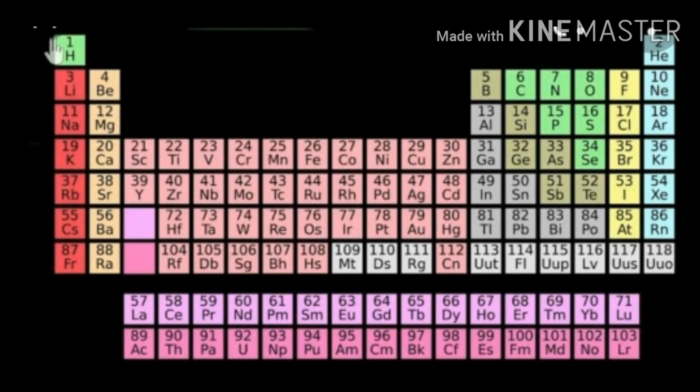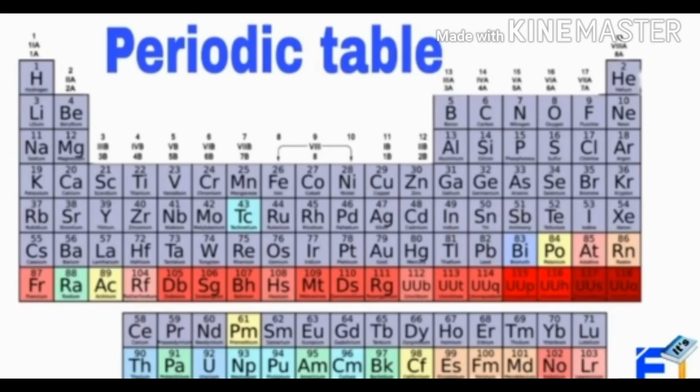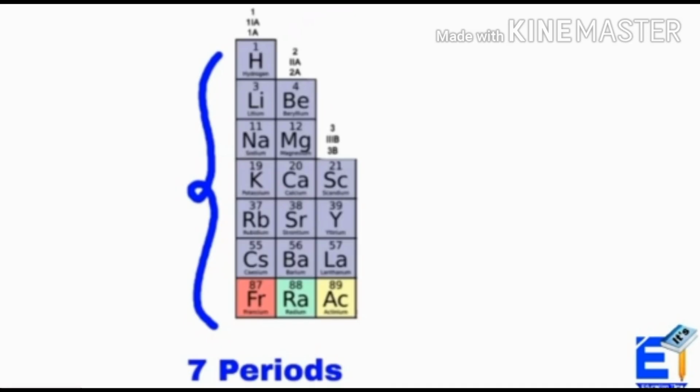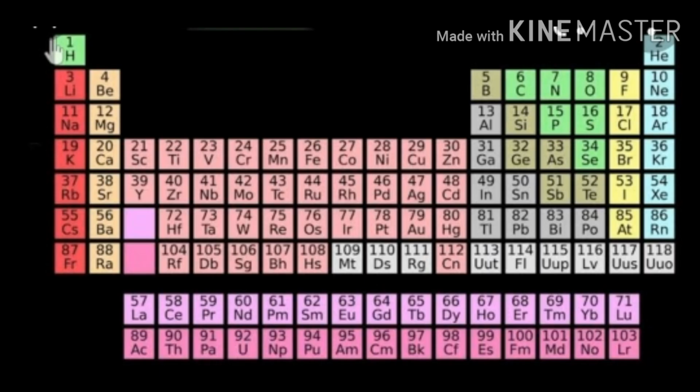Count how many vertical columns and horizontal rows are present in this periodic table. There are 18 vertical columns and 7 horizontal rows. So that's why the periodic table contains 18 groups and 7 periods.